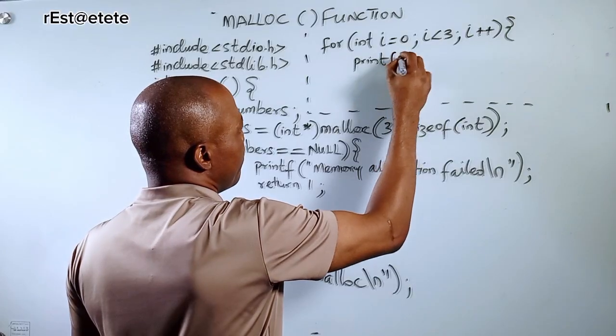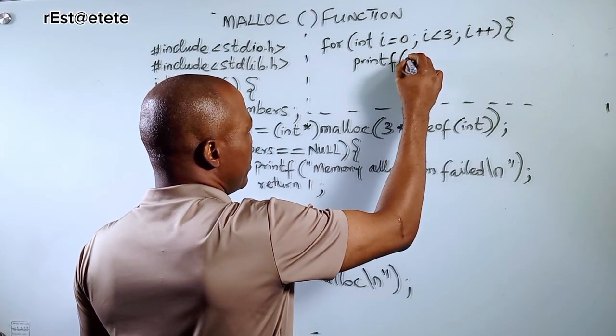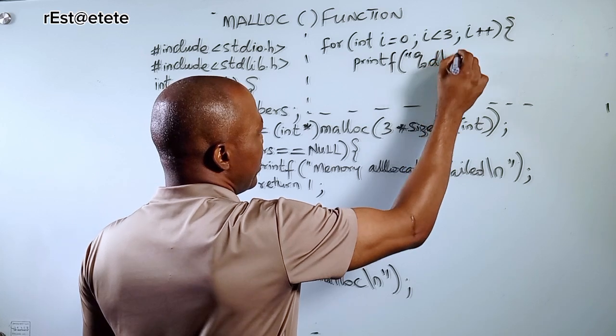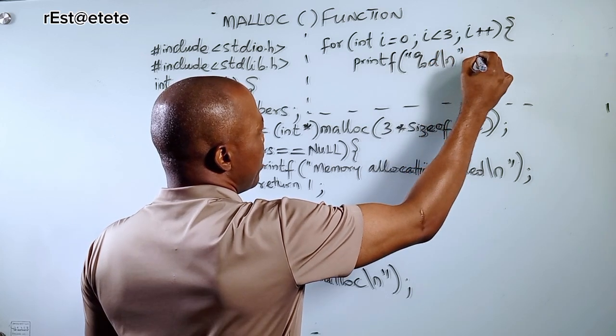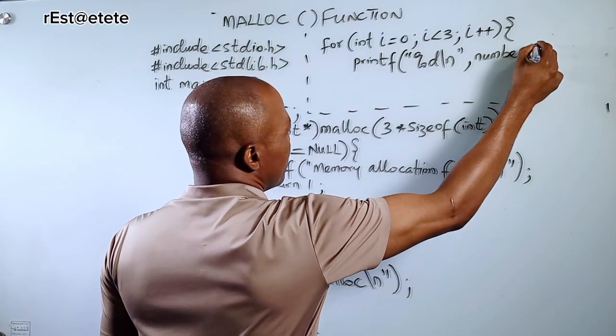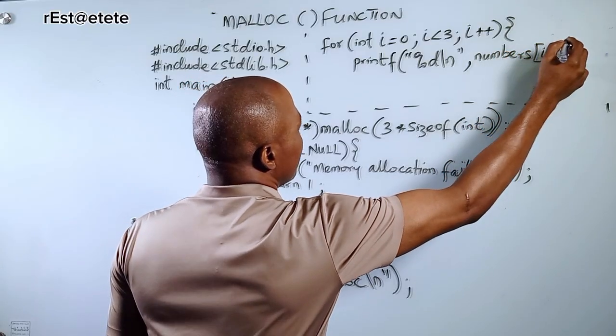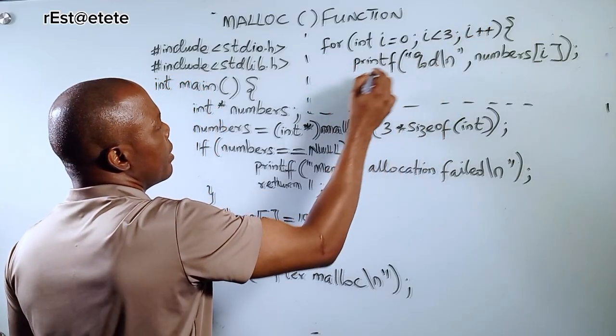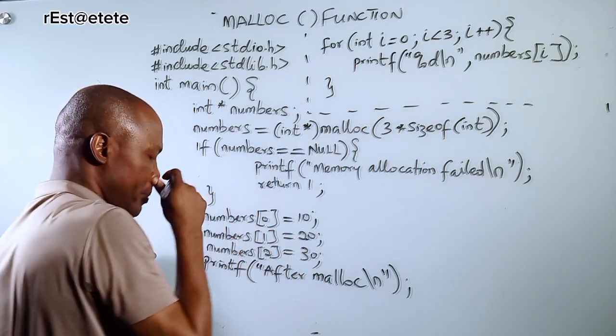So printf("%d\n", numbers[i]). Then I will close my for loop.